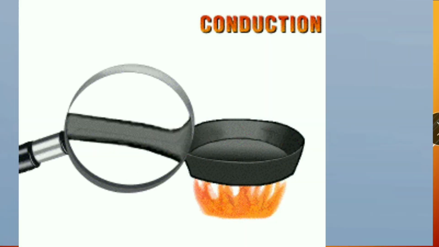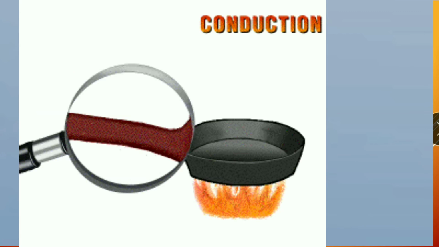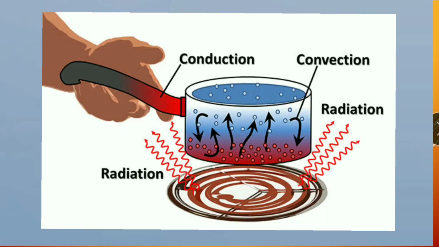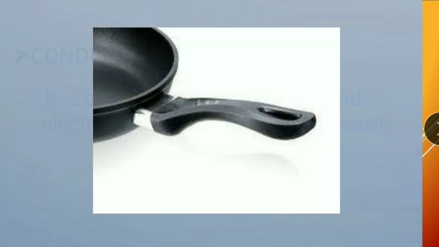We cannot hold a metal pan directly because it will conduct the heat quickly to our hand, causing burns. We have to hold a hot metal pan from its handle made of plastic or wood because plastic and wood do not conduct heat. Understood?